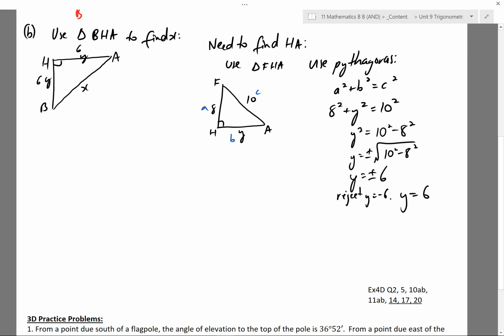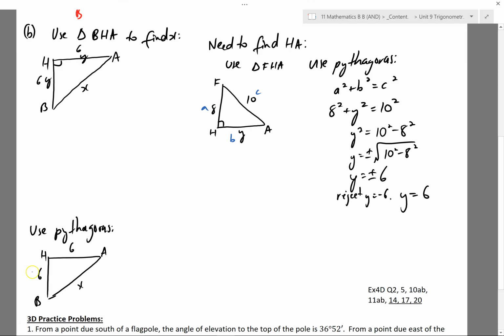And now I can use Pythagoras to find x. So now I'll use Pythagoras over here. I might just redraw this so it probably follows a bit better. I know both of these are 6. And I can go ahead and solve.